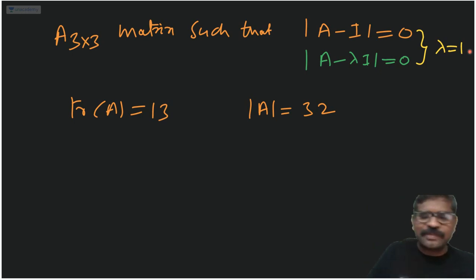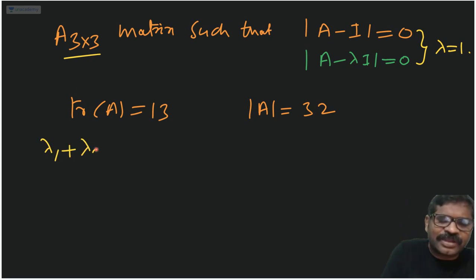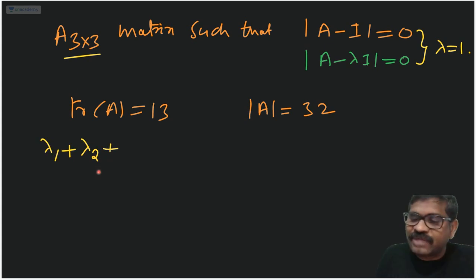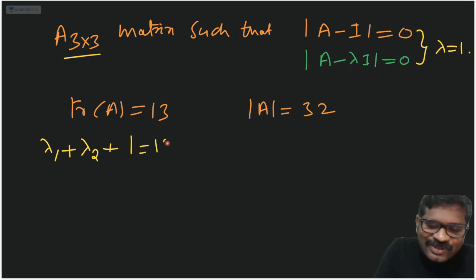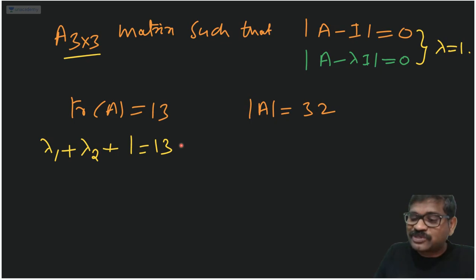Now, matrix is 3 cross 3. It has 3 eigenvalues. So, lambda 1 plus lambda 2 plus third eigenvalue 1 equal to 13, because trace is nothing but sum of eigenvalues. What about determinant? Determinant equal to product of eigenvalues.